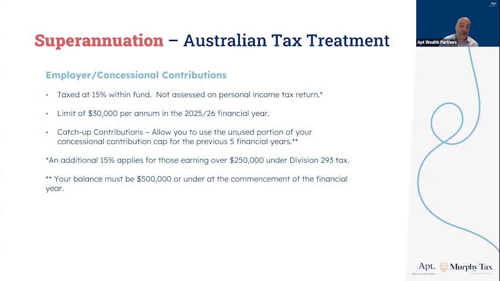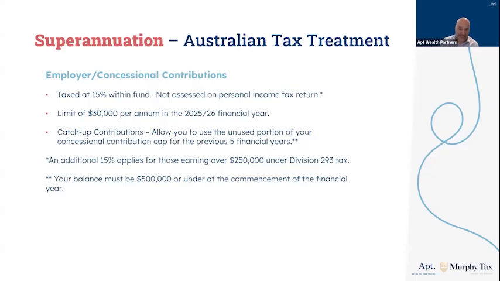Investment earnings whilst you're in accumulation phase are taxed at 15% maximum. And then in retirement, from an Australian tax perspective, if you commence an account-based pension, you have a completely tax-free investment environment with superannuation.